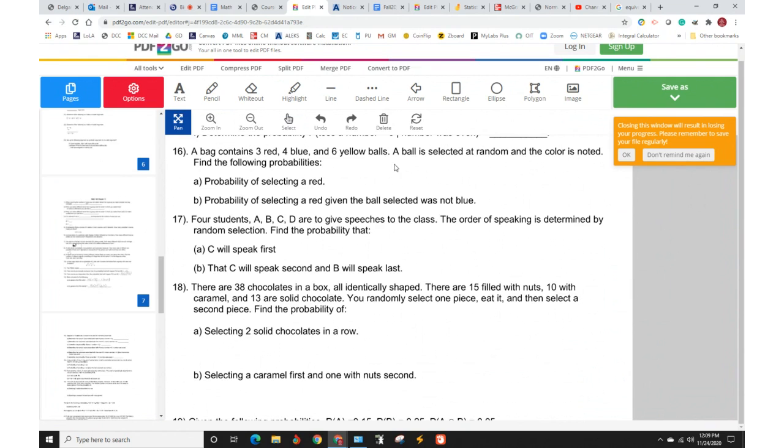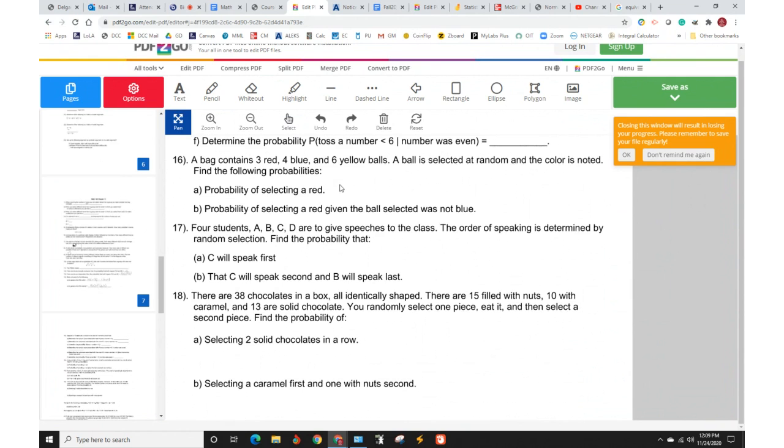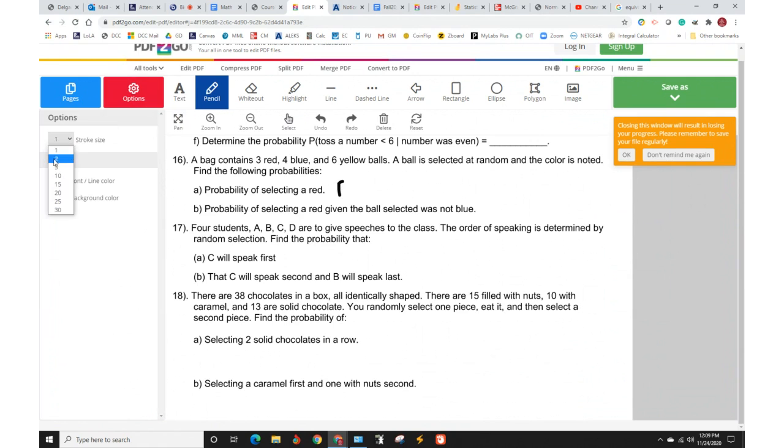All right. So the probability of selecting red. The denominator is just going to be the total.